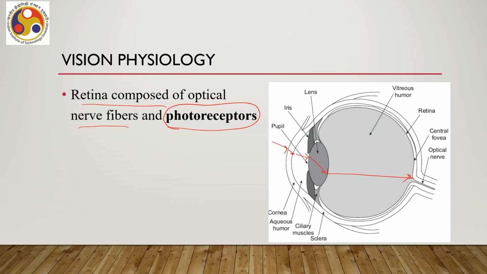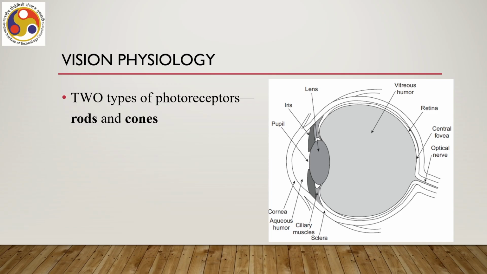Those photoreceptors are part of the retina, which is on the back side of the eye, and the retina also contains optical nerve fibers, that is the neurons that take the signal to the brain.